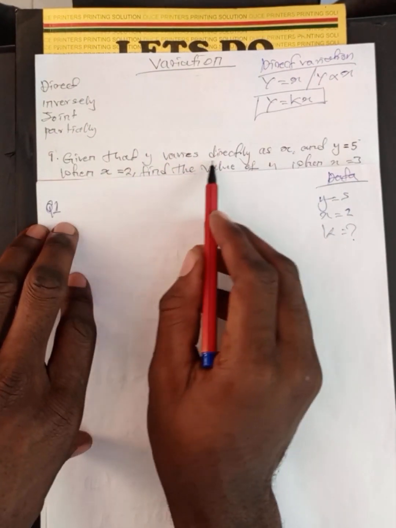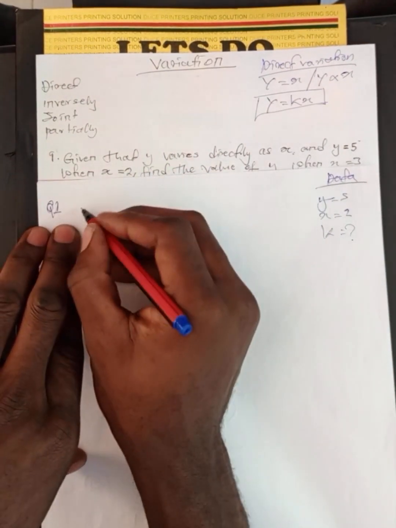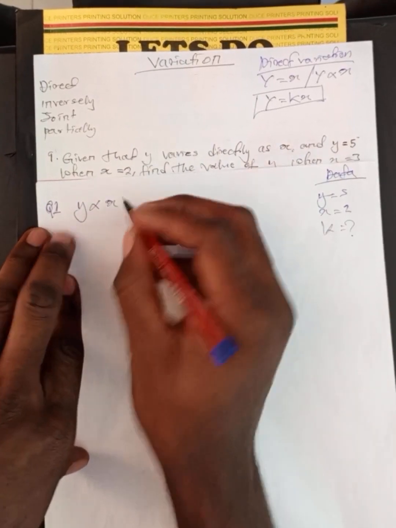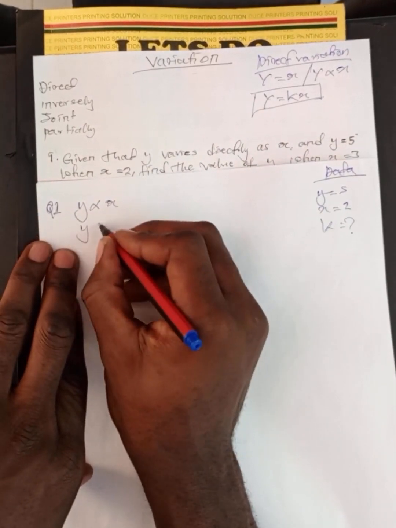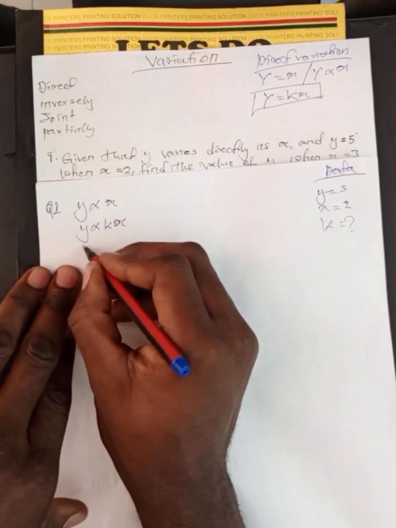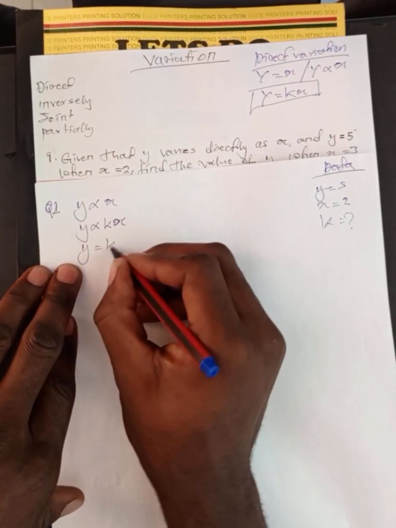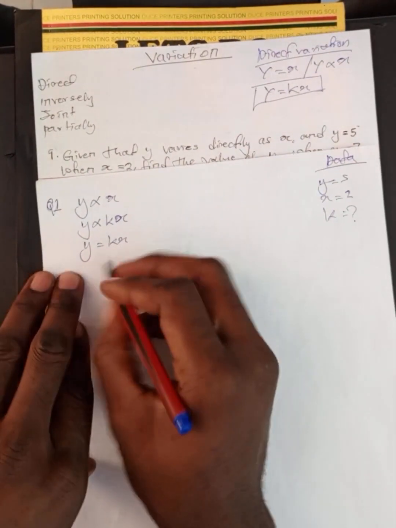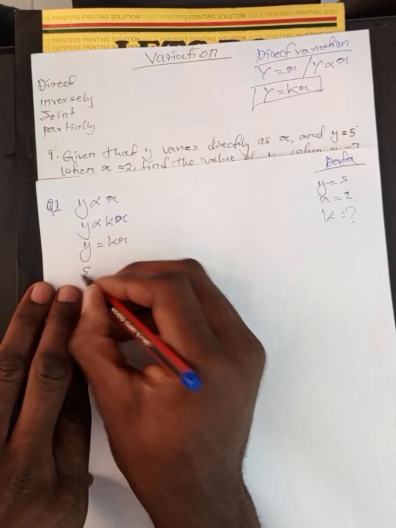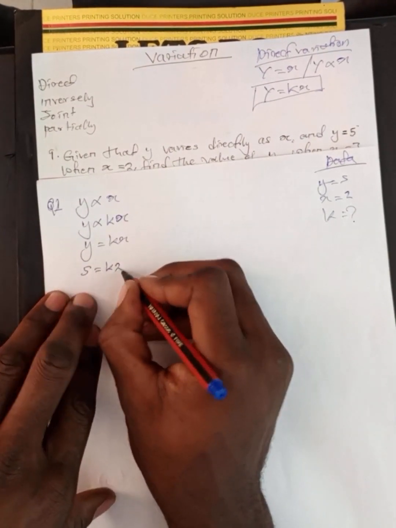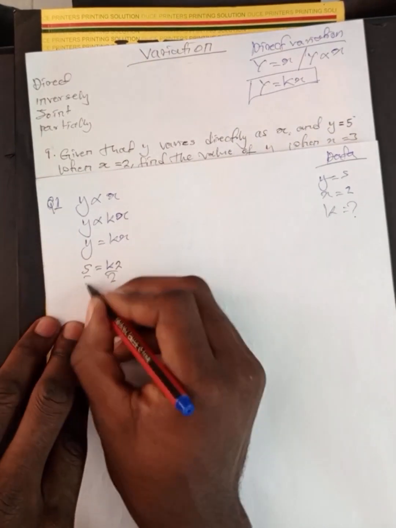Given that y varies directly as x, then finally we are going to have y is equal to kx. So y is equal to 5, then k, then x is equal to 2, so we're going to say over 2, over 2.